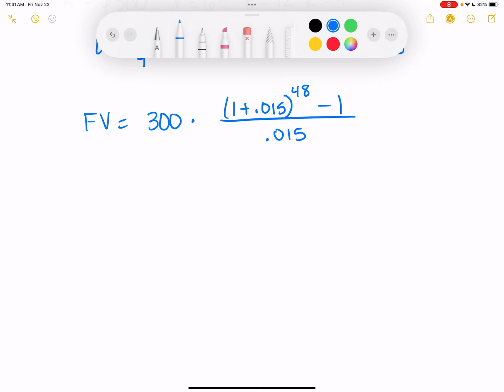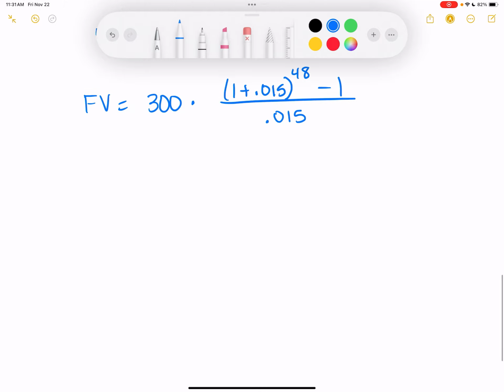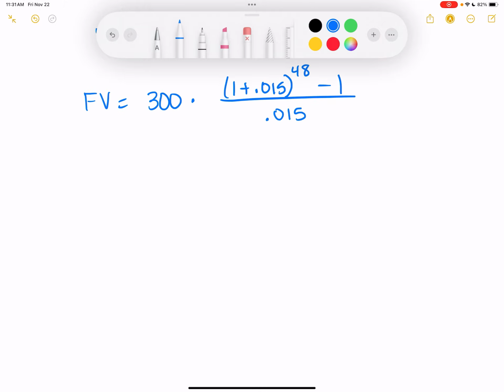Since my calculator does the fraction, I'm going to type this entire thing in, but I'm going to be really careful with my parentheses. So I'm going to do 300 times, and I'm going to put a parentheses here so that it knows that 300 is getting multiplied by the whole thing, not just this one little piece on the top. Alpha y equals for my fraction.